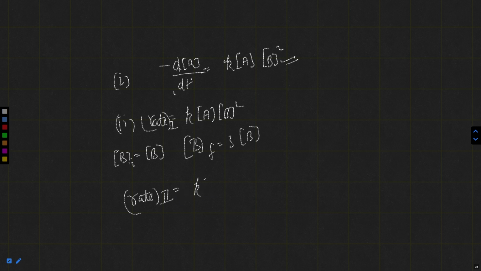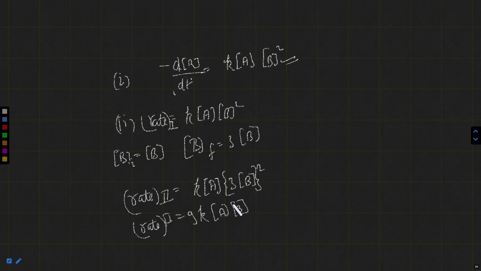Okay. Now what about rate 2? Concentration of A is kept constant. You don't have to worry about it. What about B? It is 3 times now. Just take the square of this. This will give you rate 2 is equal to K, this is 9 A B square. Got it?